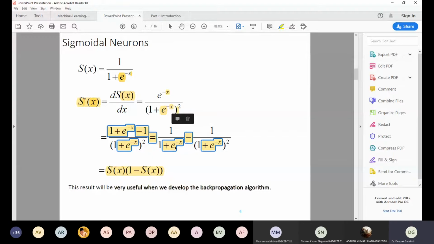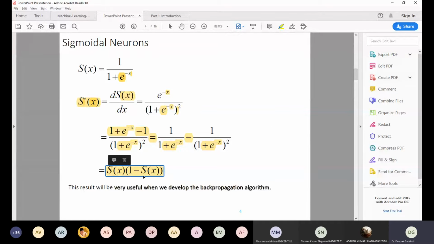Take common 1 over 1 plus e to the power minus x, then that would result in s(x), and the remaining term is 1 minus s(x), that is 1 minus 1 over 1 plus e to the power minus x. So this is the important property of the sigmoidal function, that if you take the derivative of s(x), the sigmoid function, then that results in s(x) into 1 minus s(x).